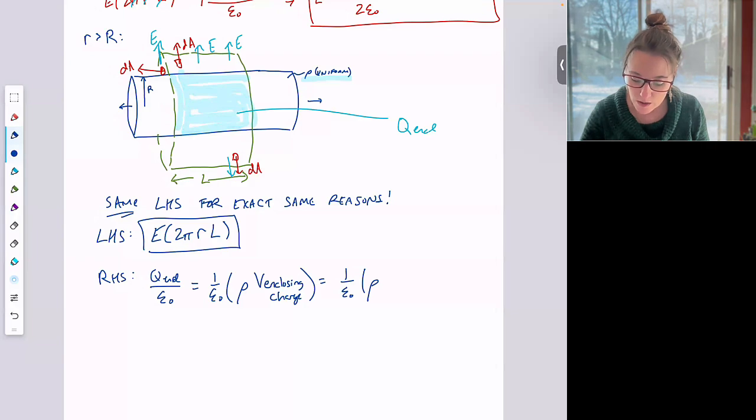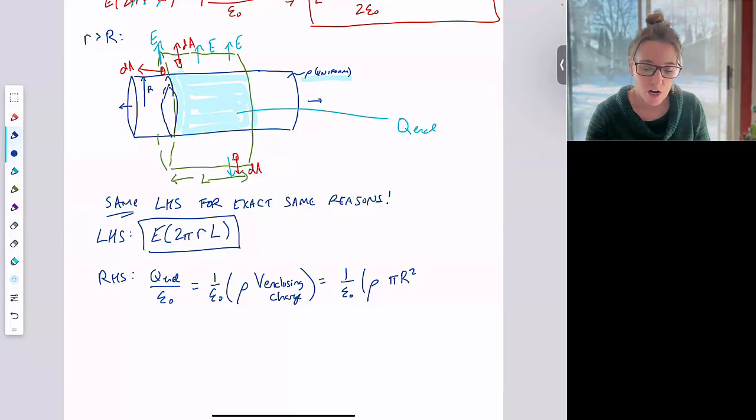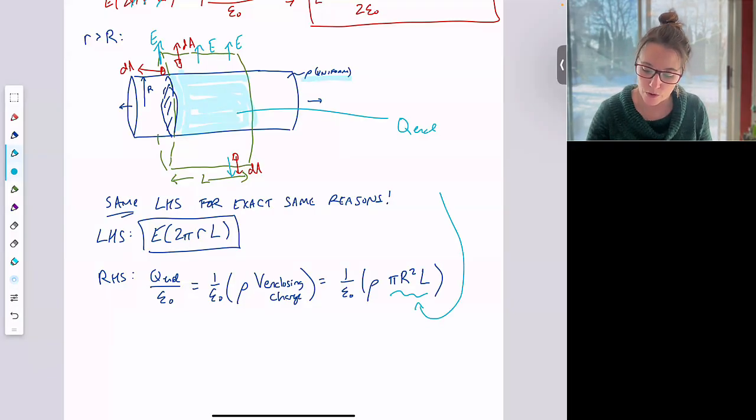And so in this case, that's going to be pi capital R squared, because that's going to be the area here for this end cap for that part enclosing charge, times the length of my Gaussian cylinder. So that's going to be my Q enclosed.